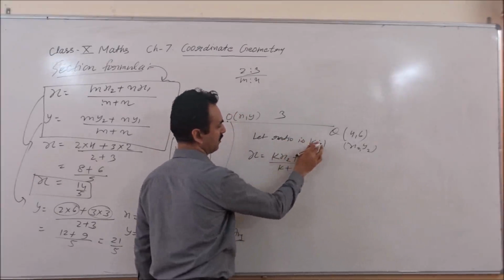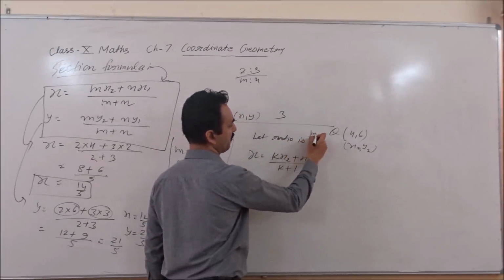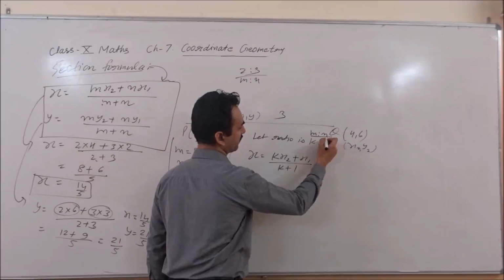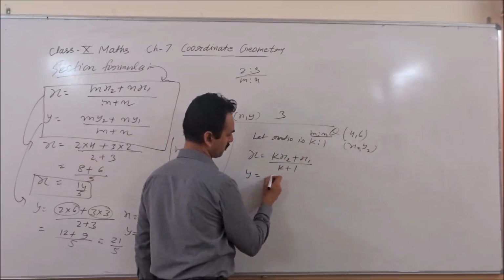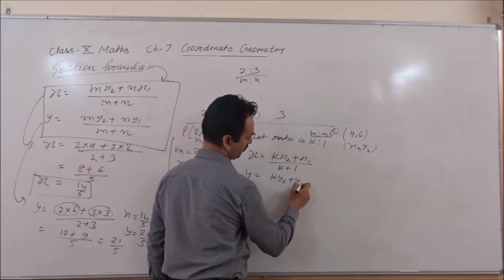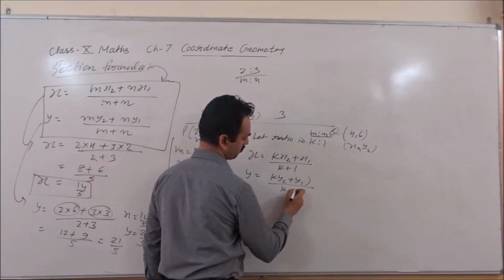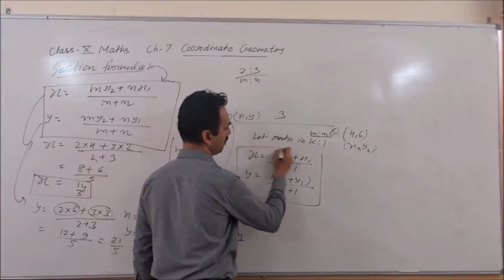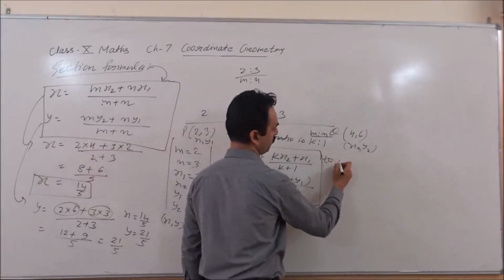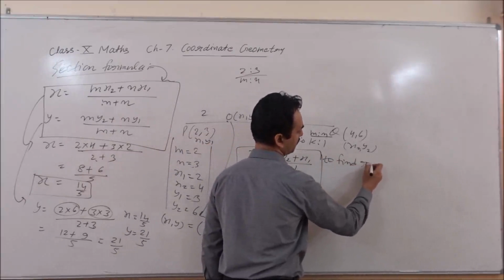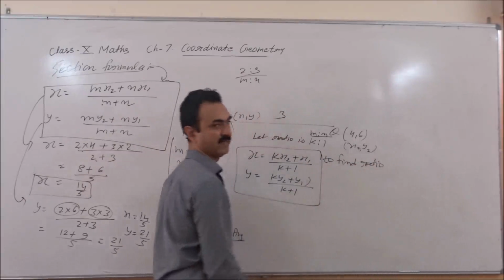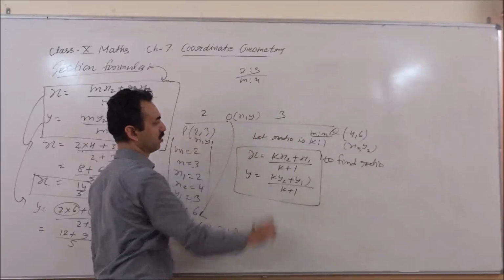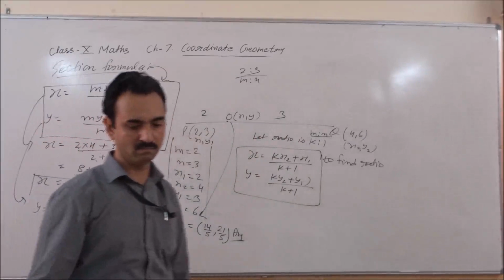So y equals k y2 plus y1 upon k plus 1. So this is the formula to find the ratio, when the coordinates are given.